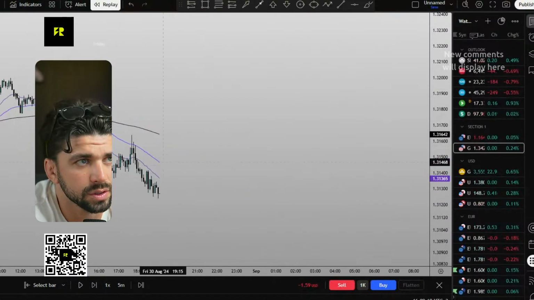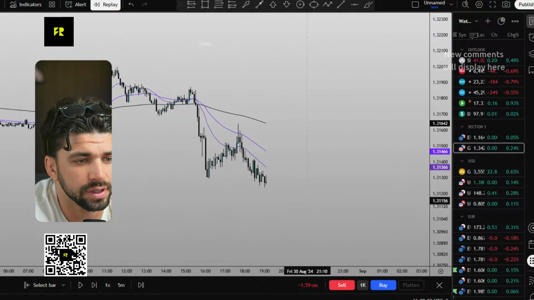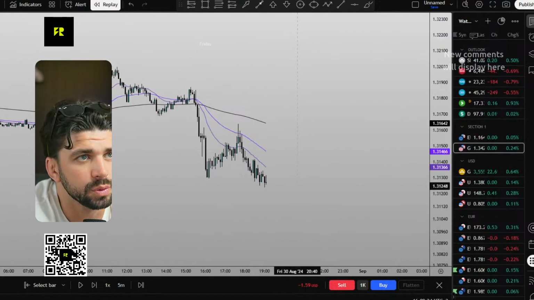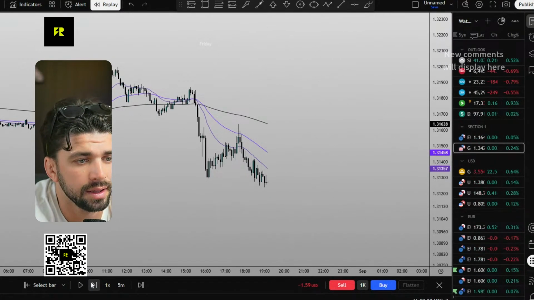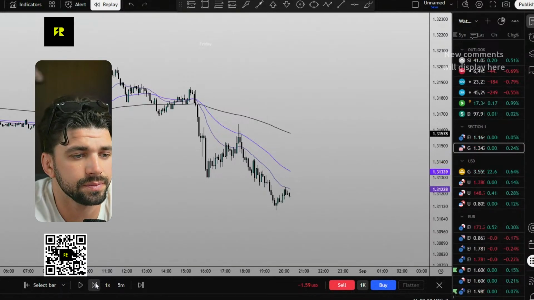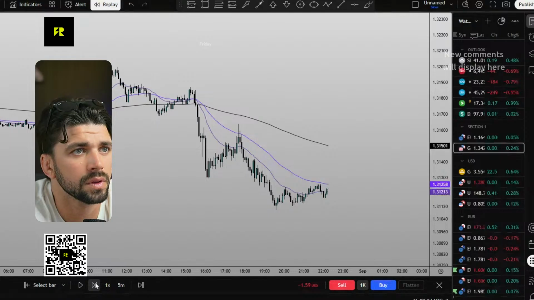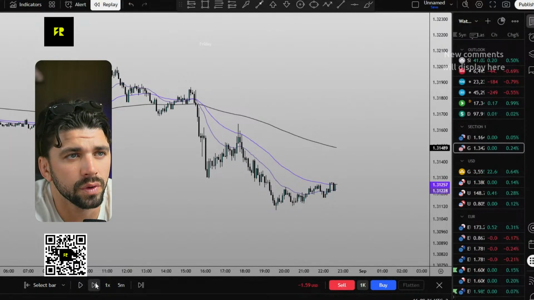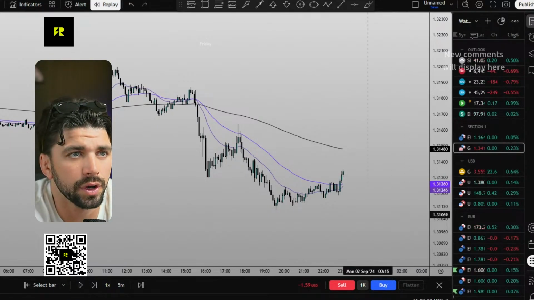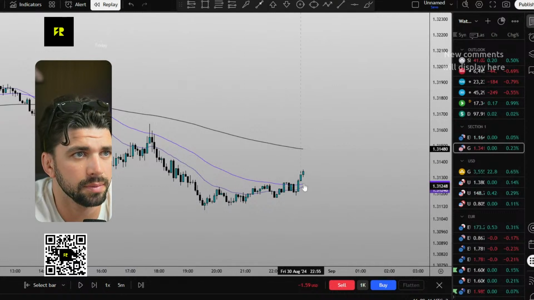Now we're going to wait for an extension of this level. Once we get the extension, we're going to try and get into the retracement onto that 200 EMA. Okay, now we're going to look for that retracement into that 200 EMA.